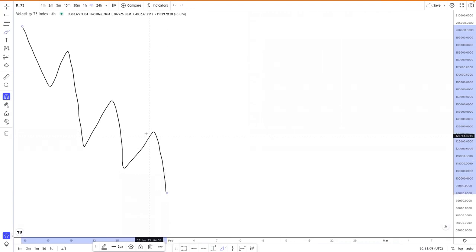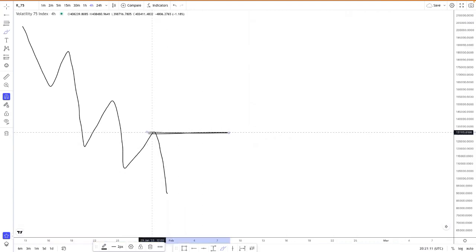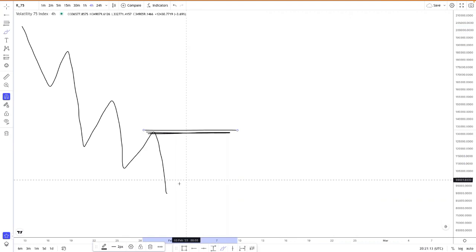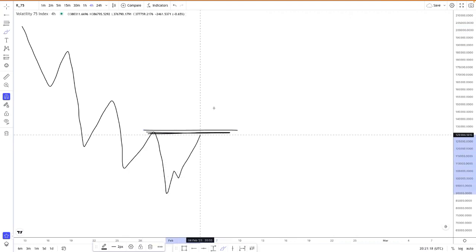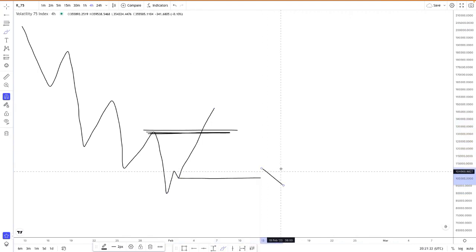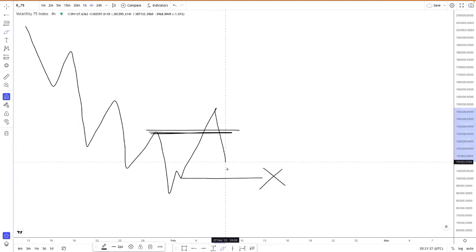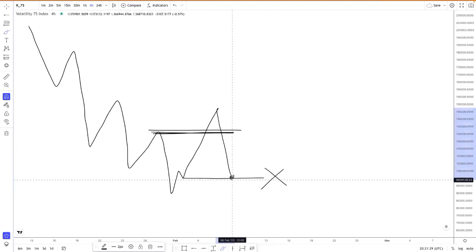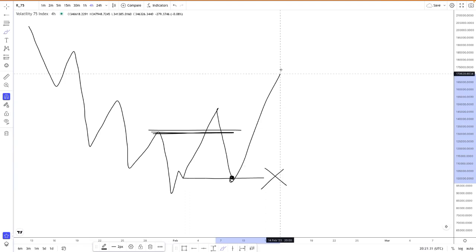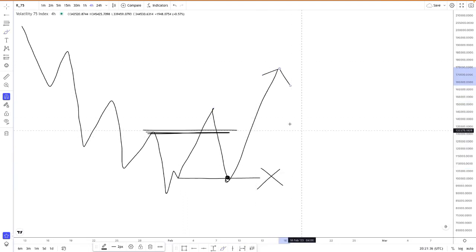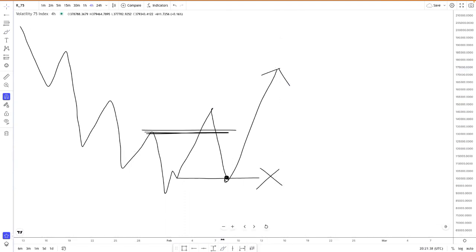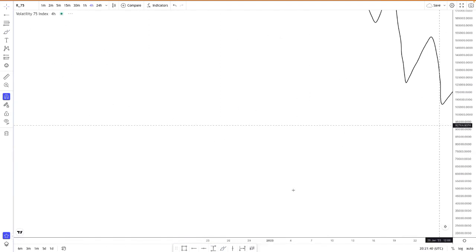Before price breaks our structure right here, price may actually create another structure in between. That's when we get to break structure. That means this structure right here is our invalidation X. We will be expecting price to make some lows, respect our invalidation X, so that we can make more highs to the upside. So this is an example when you have a downtrend.